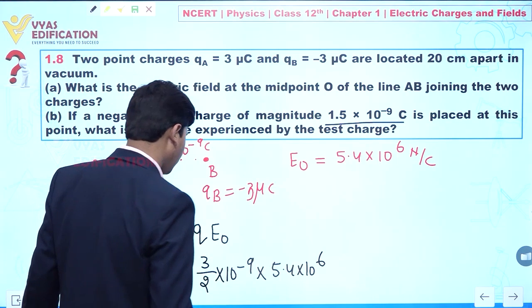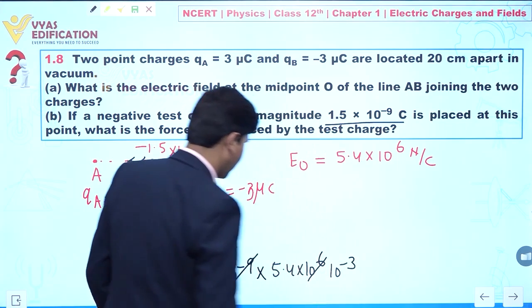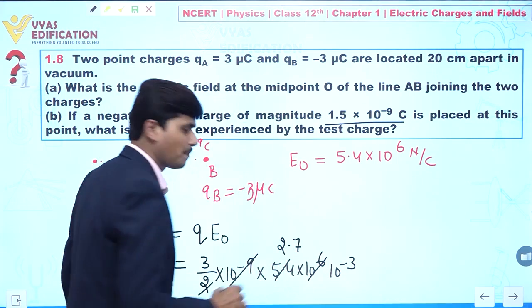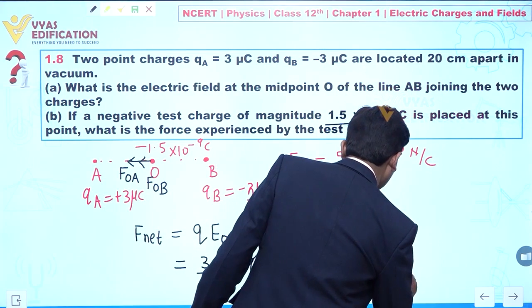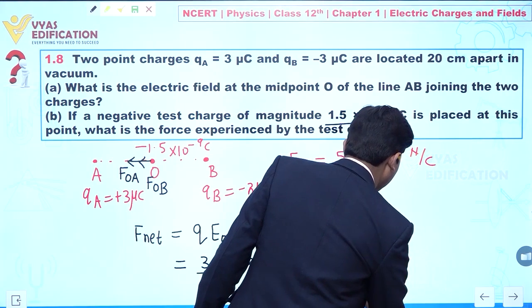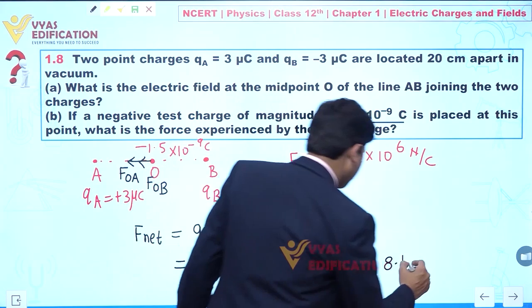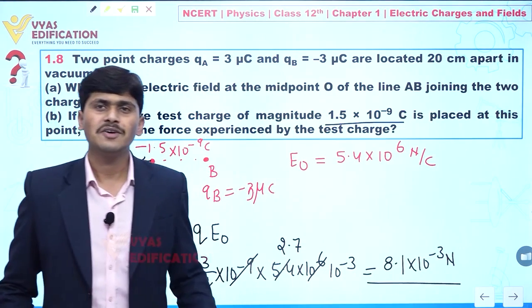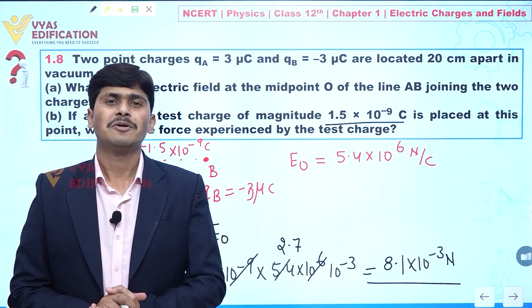So from here this is 10 to the power minus 3, and we can say this is 2.7, 8.1. So 8.1 into 10 to the power minus 3 Newton. So this is value of force exerted on a test charge. So this is all about this question.